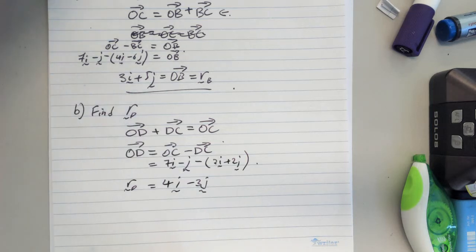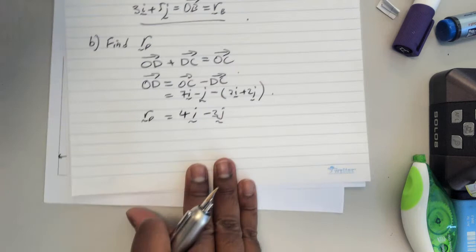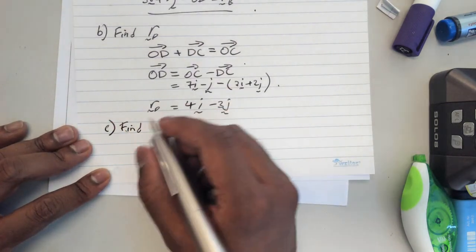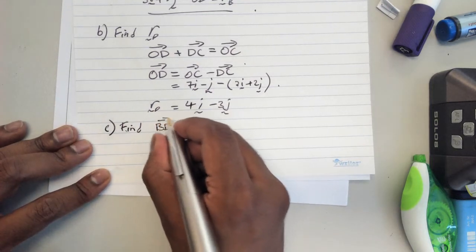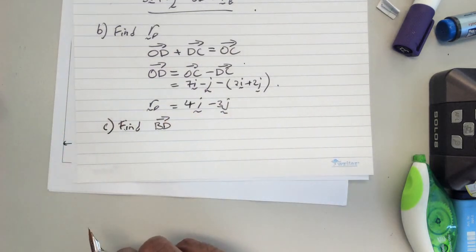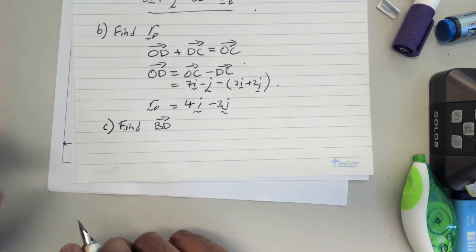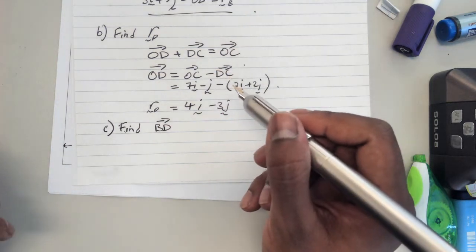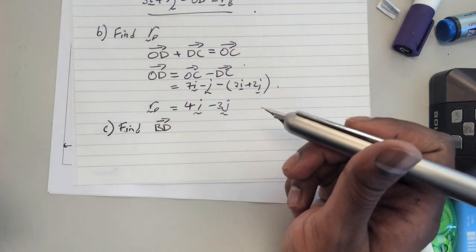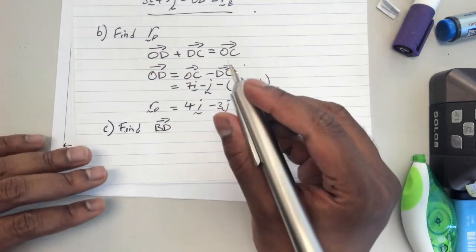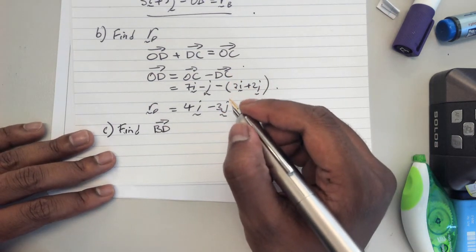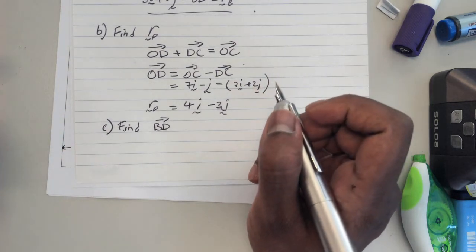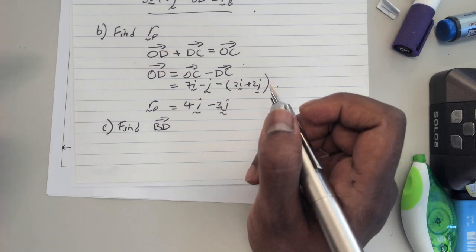Question C is short, but a little bit to think about. Find BD. Well, it was hard, but now it's not, because I have position vector B and position vector D. So all I need to do is negative B plus D. Or I can go from BC to CD.